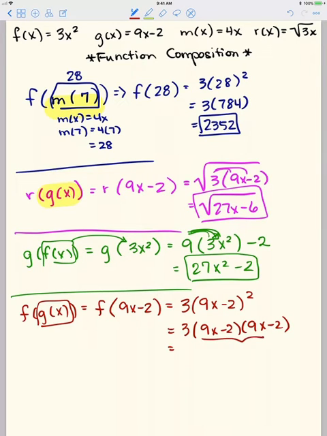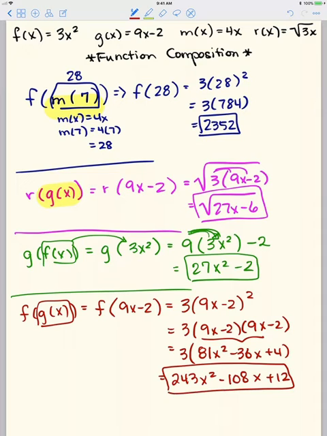And I would go ahead and find the product for those. So you get 81x squared minus 36x plus 4. And then if you carry the 3 out to everything, you get that that's 243x squared minus 108x plus 12. So that's your final simplified expanded answer for f of g of x.